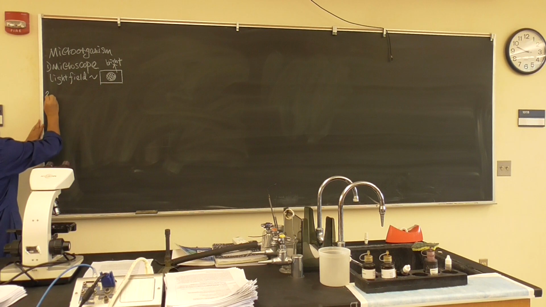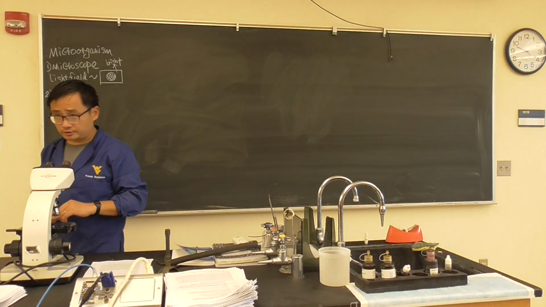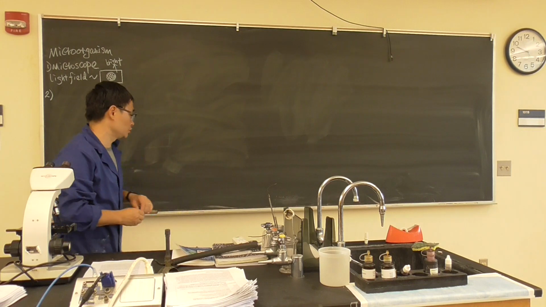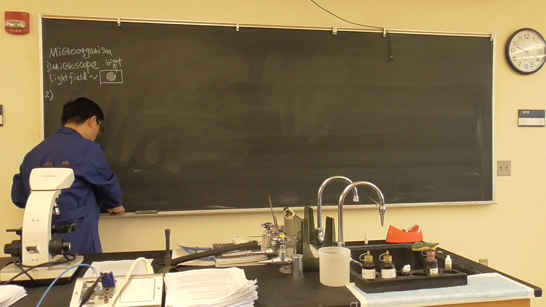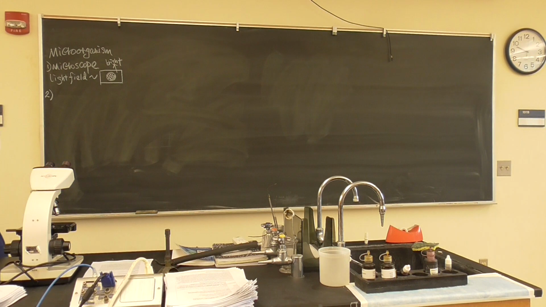Now, microscope, we want to mention several important items which you need to learn or you need to know. Obviously, lots of you already know the microscope or have been using it in different classes.